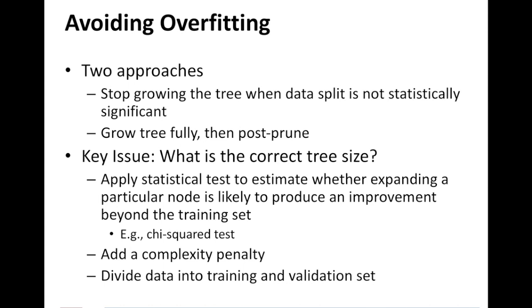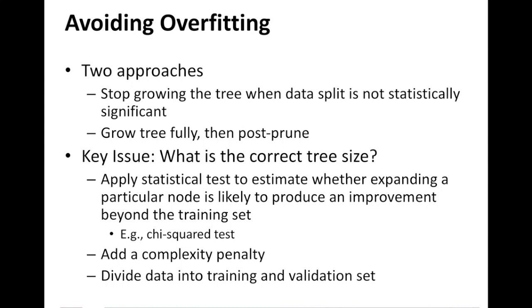When you see too many splits going in one direction, too many splits made just to classify very few instances, that's how you can catch that the tree is overfitting and building in the wrong direction, and maybe you can stop the tree, or look for those parts when you prune the tree. So this is some intuition that you can use.